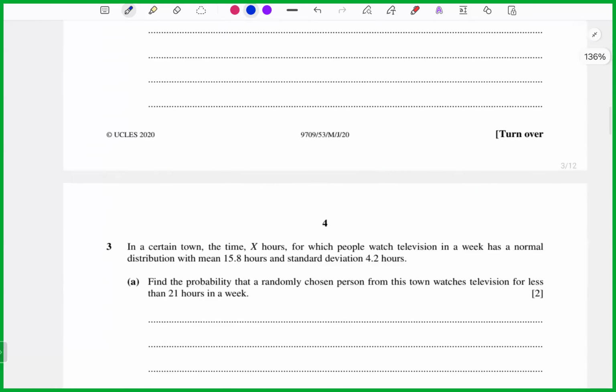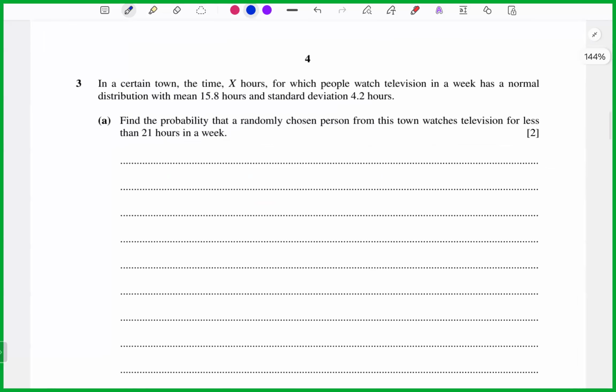Okay, now let's go into question 3. In a certain town, the time X hours for which people watch television in a week has a normal distribution with mean 15.8 hours and standard deviation 4.2 hours. A: Find the probability that a randomly chosen person from this town watches television for less than 21 hours in a week.